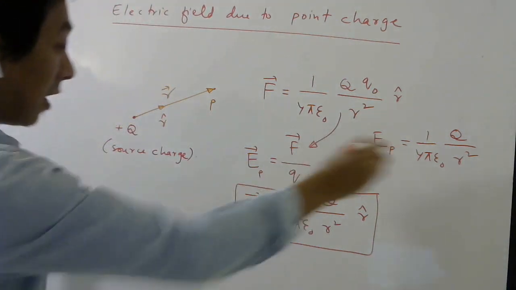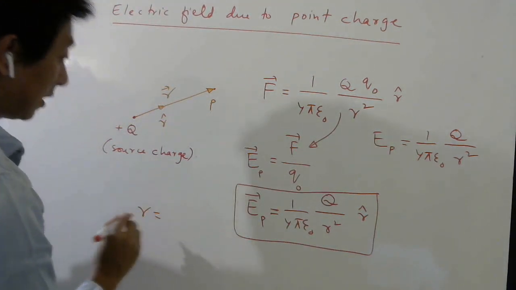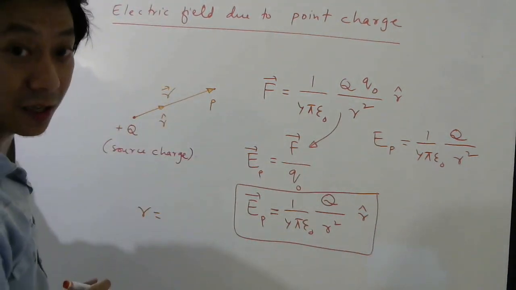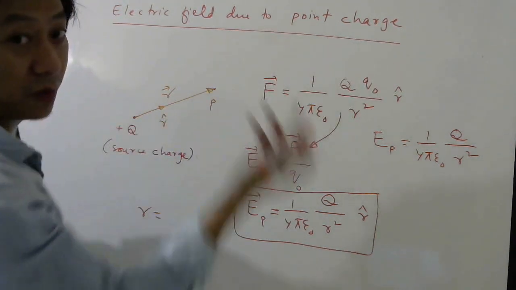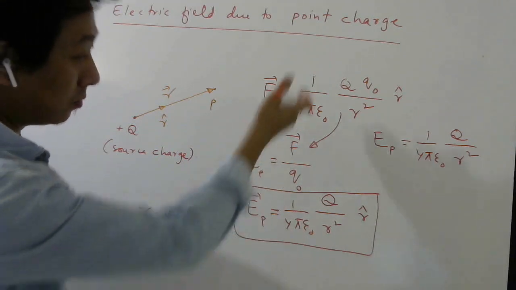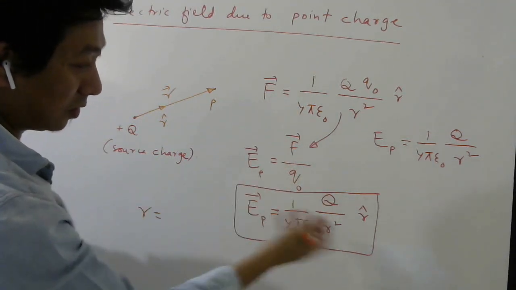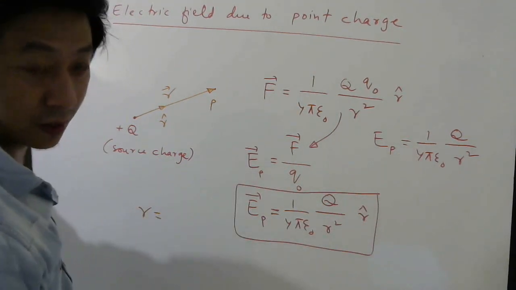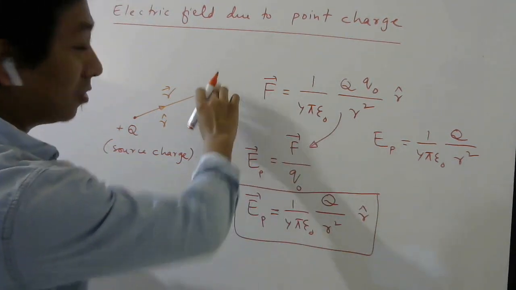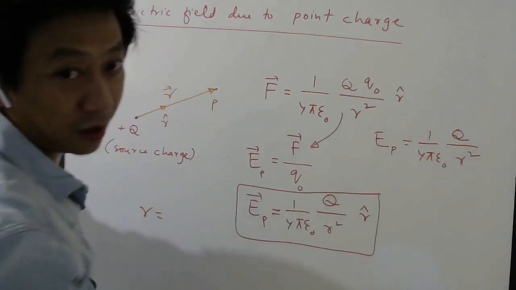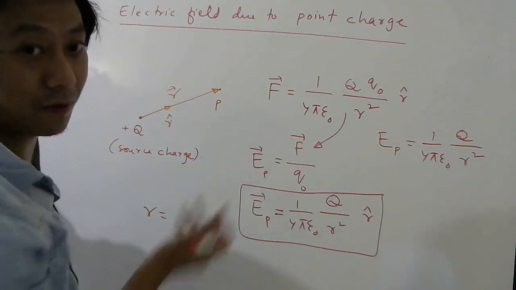And what is this R? How should I say R now? Can I say distance between two charges? There is no charge here. The job of Q naught was just to measure the electric field. Once we simplify, Q naught will cancel. In order to have this electric field, you don't need Q naught here. See, where is Q naught in the formula? It got cancelled. That's why we have done all this.